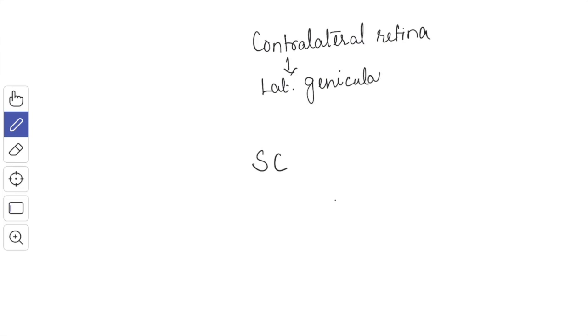The superior colliculus receives afferent fibers from the contralateral retina through the lateral geniculate body through the superior brachium.